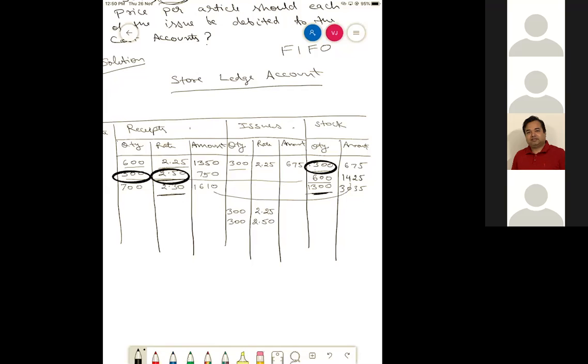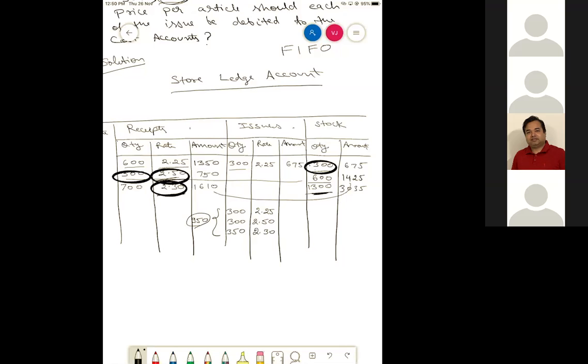Now the balance that we are left with is 350. If you add all these three, the total you will get is 950. So this you will be issuing at this rate, since we are out of stock at this rate. Now the next rate would be this one, that is 2.30.